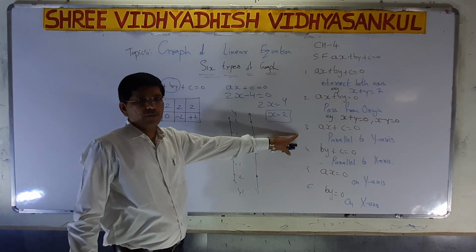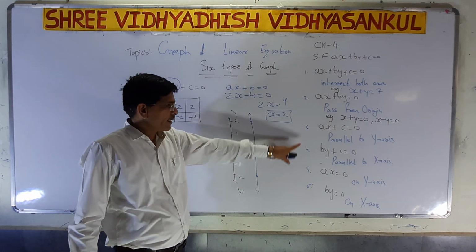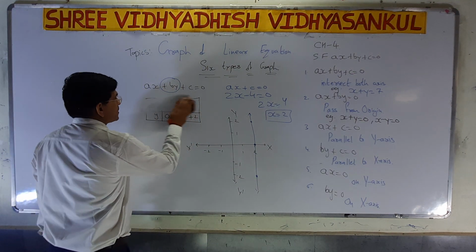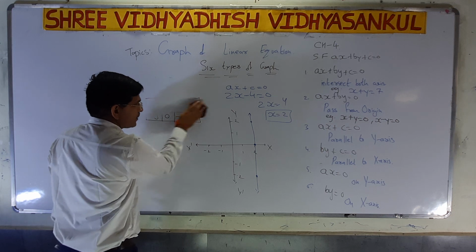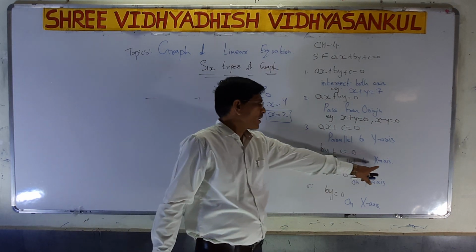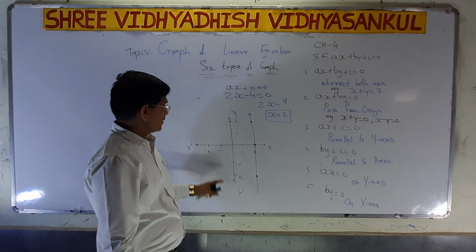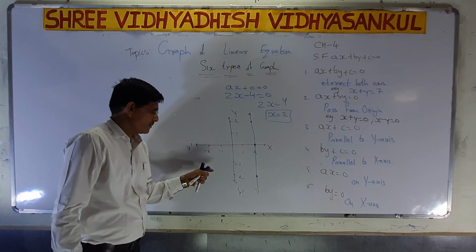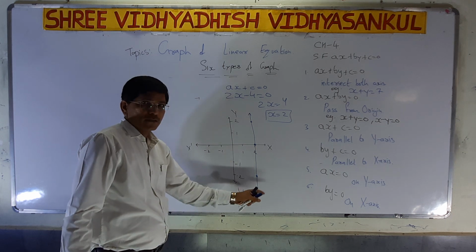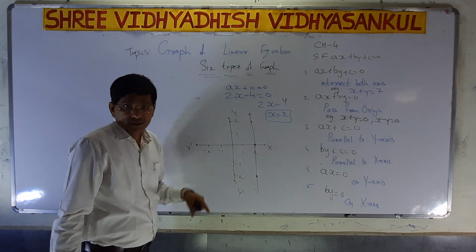So the third type of graph we have completed. Now we discuss the fourth type of graph, which is parallel to the x axis. If someone says it is parallel to the y axis, it is also perpendicular to the x axis.